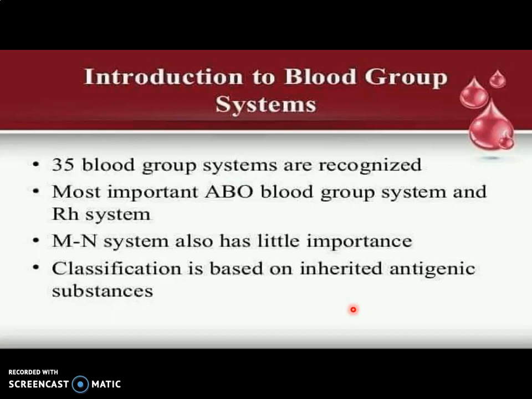This classification of blood group, when we say that we have ABO blood group, is based on the presence of the antigen that is being inherited in the red blood cell. So the presence of the antigen on the surface of the red blood cell determines the name that will be given to a particular individual or a particular blood group.